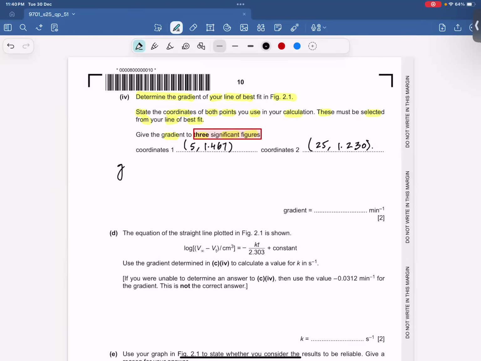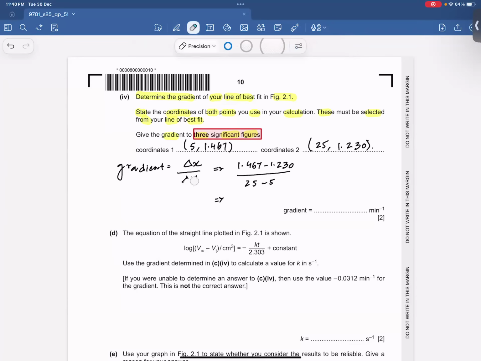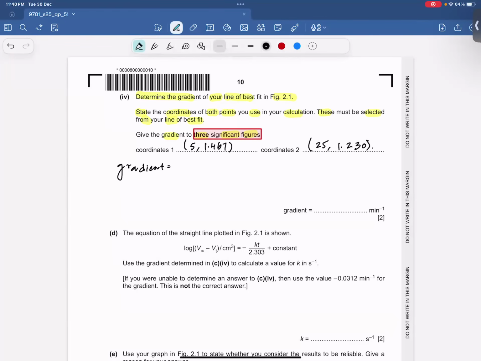Let me calculate the gradient. Gradient was delta x over delta y. So it's going to be 1.467 minus 1.230 divided by 25 minus 5. Hold on. Let me check. Oh, my bad. Gradient has to be delta y upon delta x.